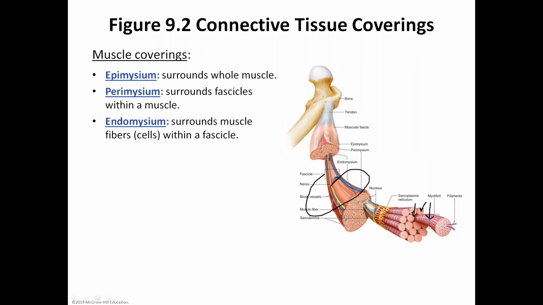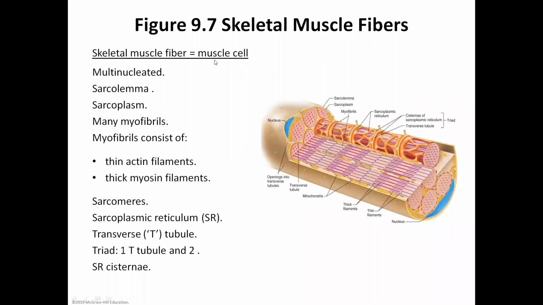And again, you have a bunch of fascicles within this muscle that are going to be here. So we're getting a little bit smaller. Now imagine that we took a picture of the myofibril and made it a little bit bigger. That's what we're seeing here. So these are the myofibrils now that we're looking at.